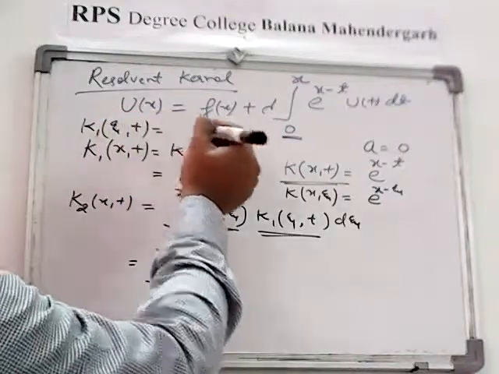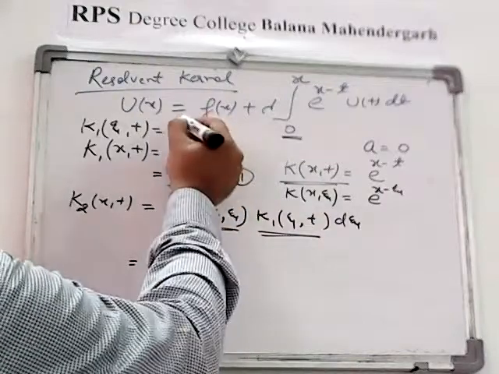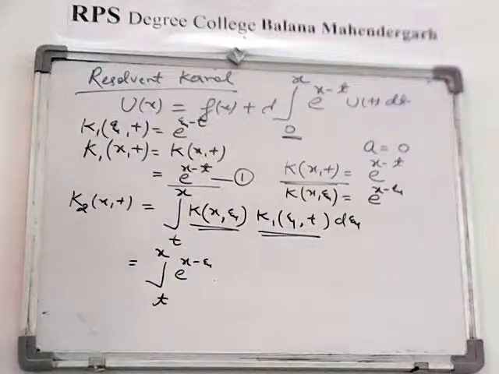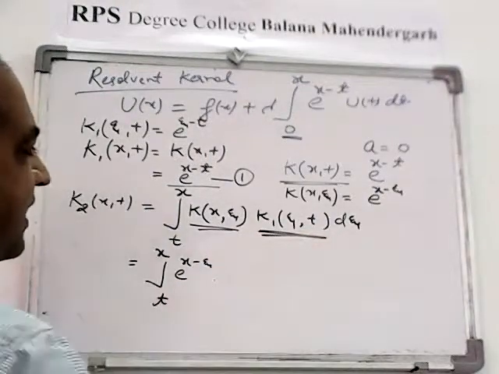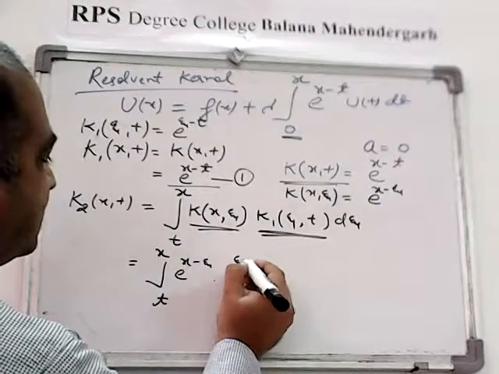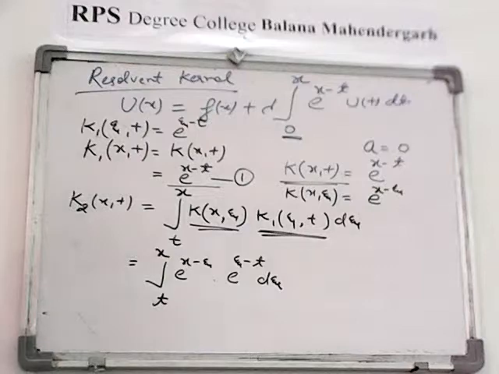In place of x we have to write xi minus t. So the value of k1 xi comma t is equal to e raised to power xi minus t. Then we will have integration with respect to xi.